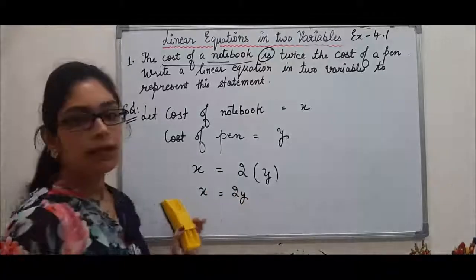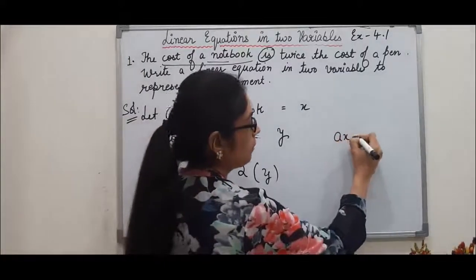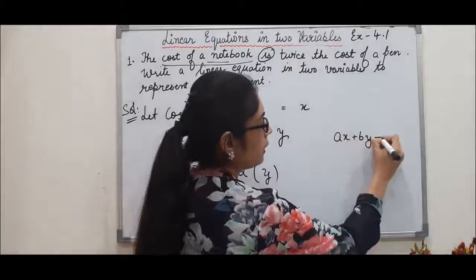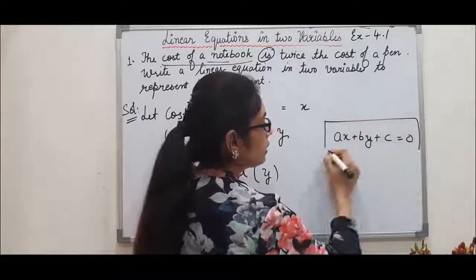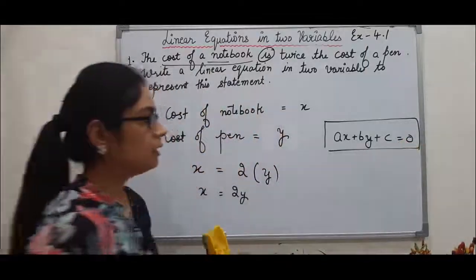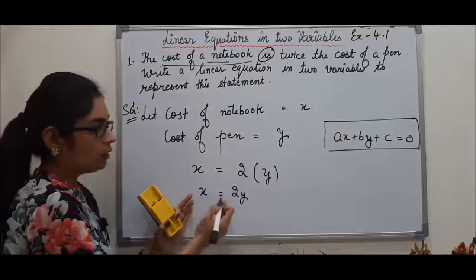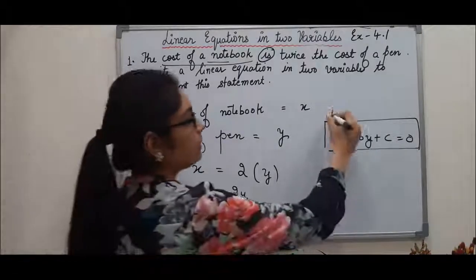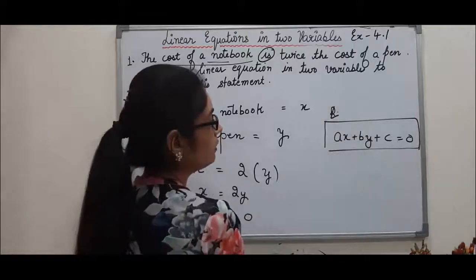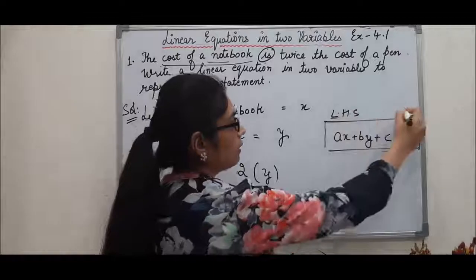Now write down the standard equation which I have already told you. This is ax plus by plus c equals 0. This is the standard linear equation in 2 variables. You have to write the equation in this form. This is the left hand side of the equation, and this is the right hand side.